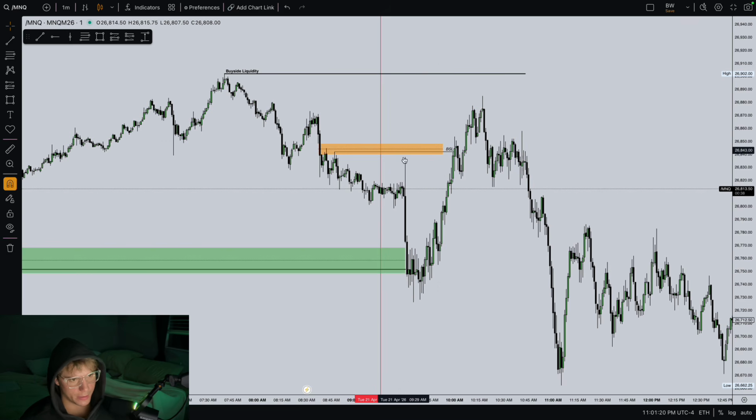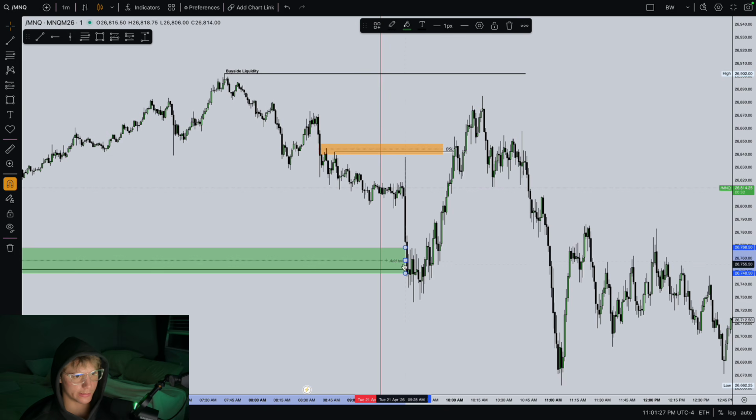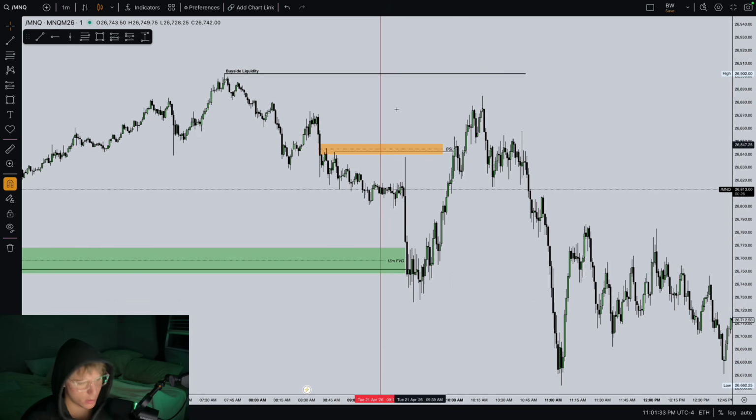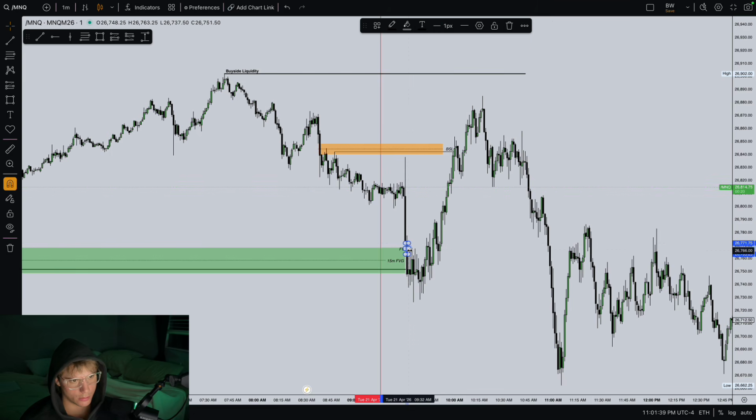So coming into the morning, market opens, we wake up and we take out sell side liquidity and also enter inside of this 15 minutes fair value gap. From here, you can mark out this as the first presented fair value gap.